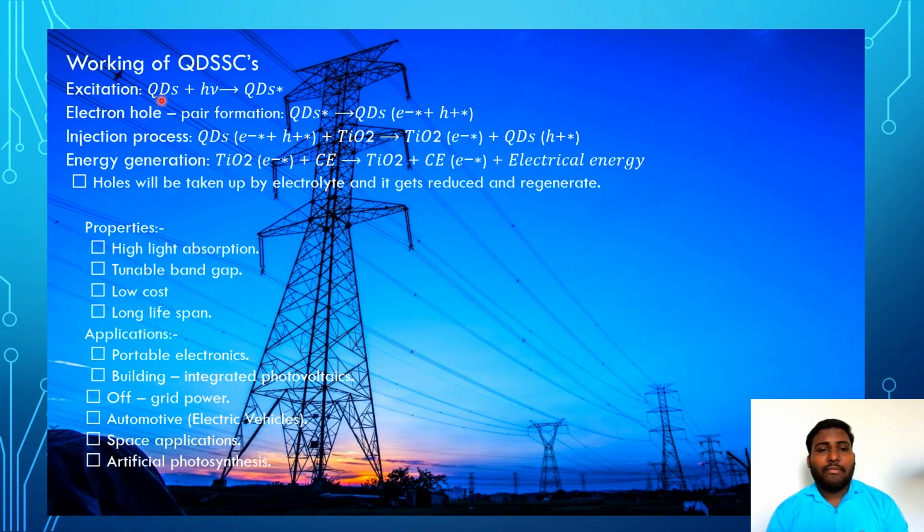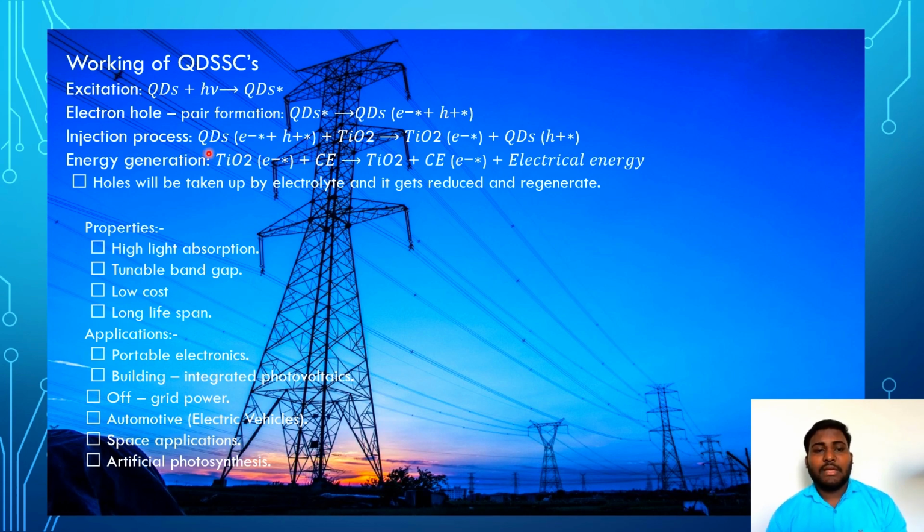Working of QDSSC. Excitation: sunlight falls on the QDs to form QD*, where electron-hole pair formation occurs, where the QD* undergoes a reaction which forms a QD electron and hole pair.